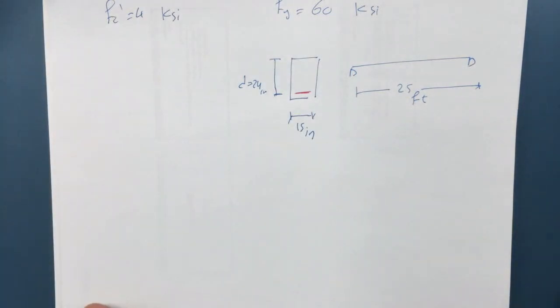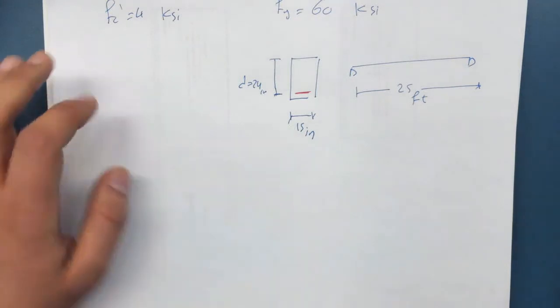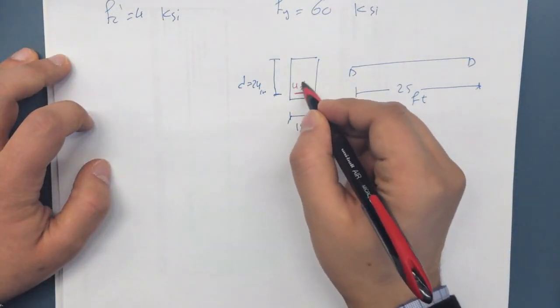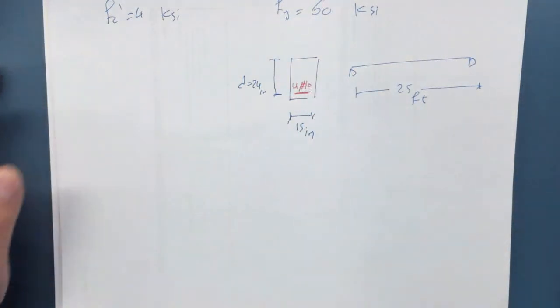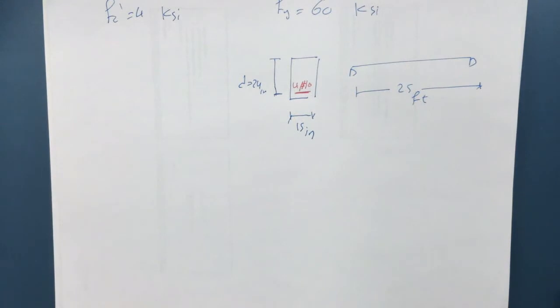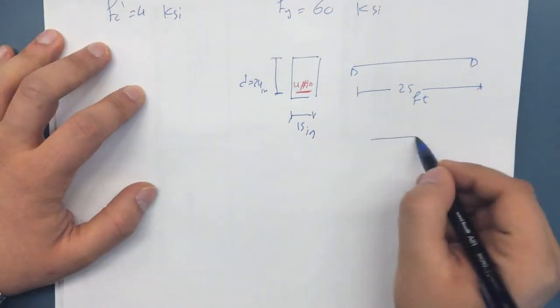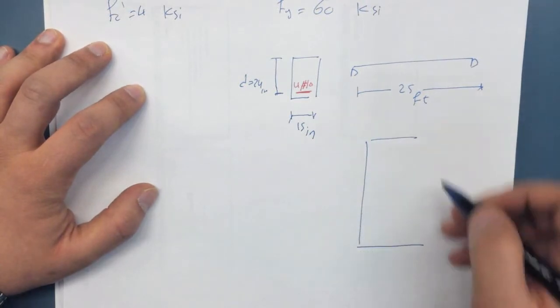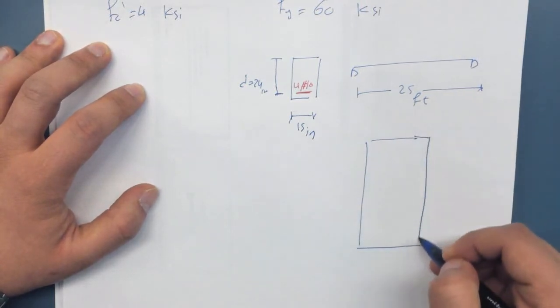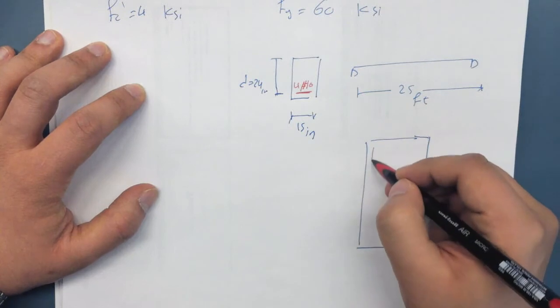And we have reinforcement that is 4 number 10, which again you can go to the table and find the area of. And the shear reinforcement in this case is number 4 U-shaped, which again you may use in actual design, and I'm going to tell you how, but I will not use it in this problem.